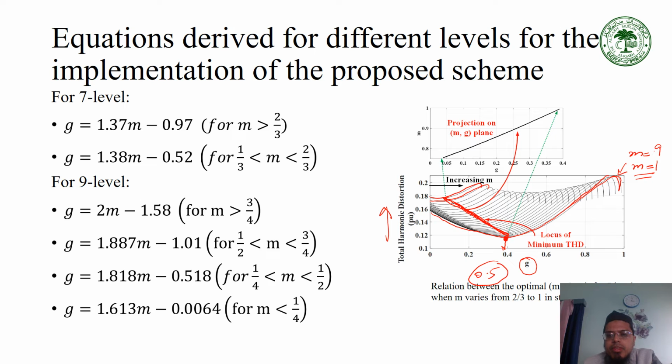So what is this line? For each M we try to obtain the G where the THD is minimum, and that results in a locus of line. If I project it in the GM plane, G is on the x-axis and M is on the y-axis.